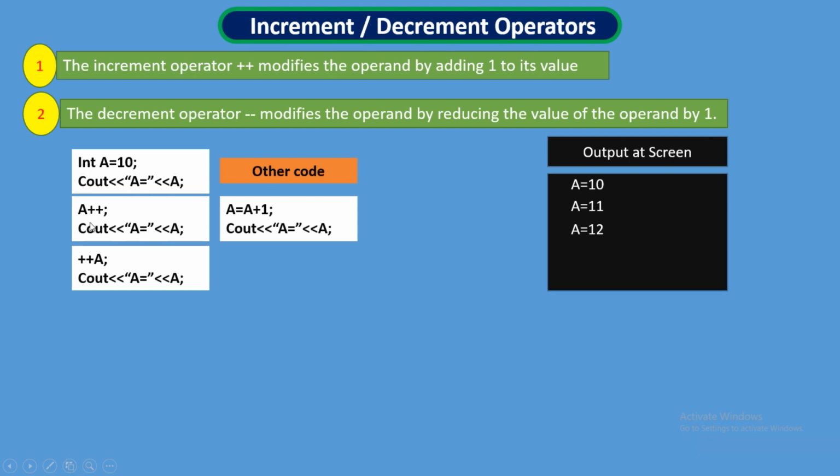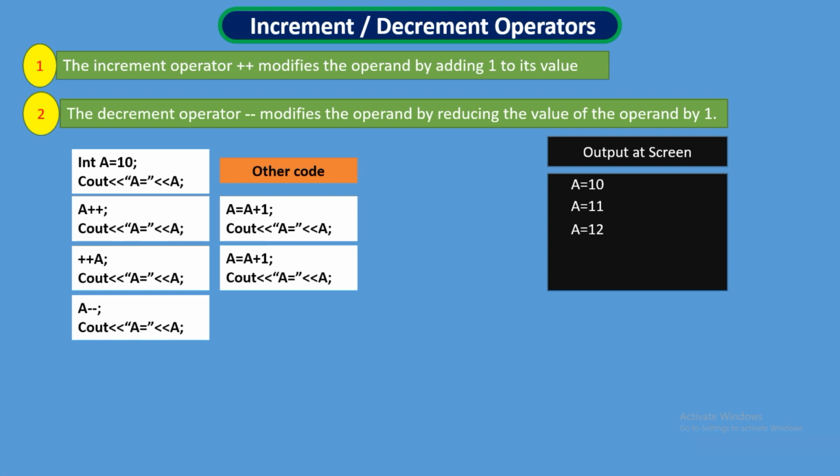Both a plus plus and plus plus a increase the value of variable a by one. The other code for plus plus a is a is equal to a plus 1. These codes are equivalent. You can write plus plus a or a is equal to a plus 1.